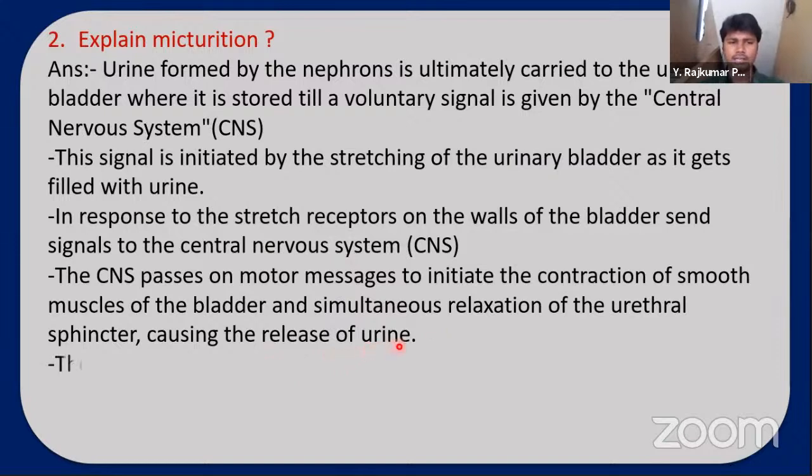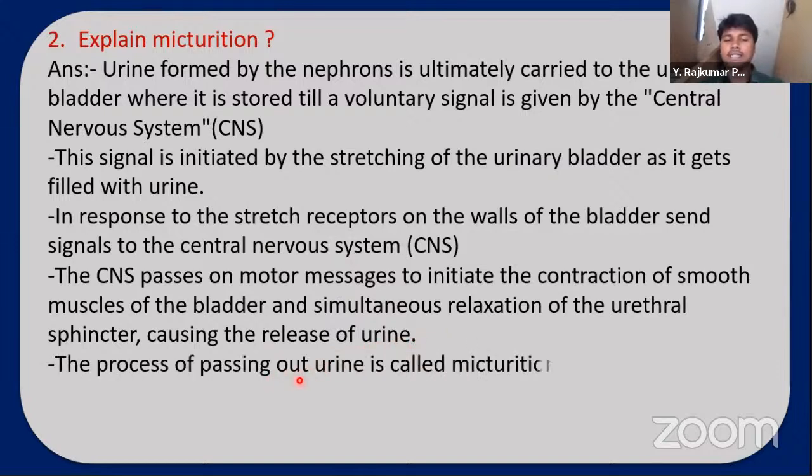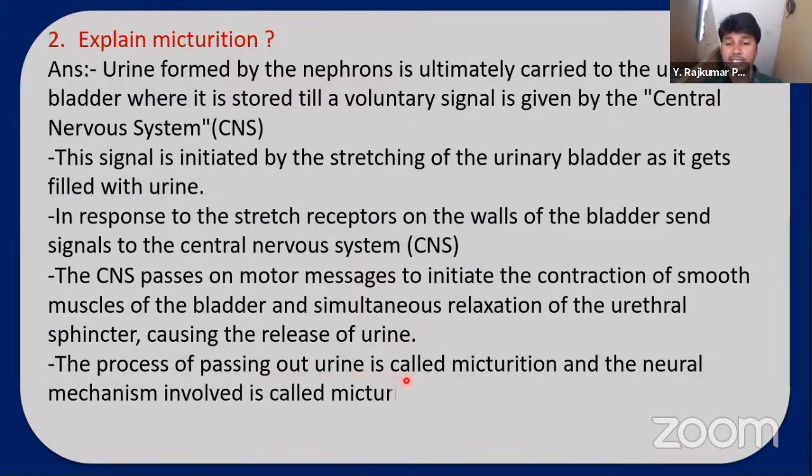Okay. The process of passing out of urine is called micturition, and the neural mechanism involved is called the micturition reflex. Okay, so this is the process called micturition. Hope you have understood. You should remember only 3 steps.